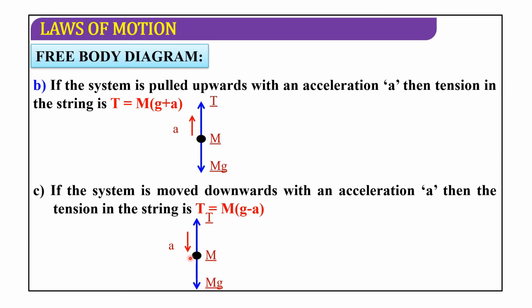See this, here the system is moving downwards. Here the arrow mark indicates the downward direction. Here in this picture the arrow mark indicates the upward direction. When it is pulled upwards, tension T equals m of (g plus A). When it is moved downwards, tension T equals m of (g minus A).